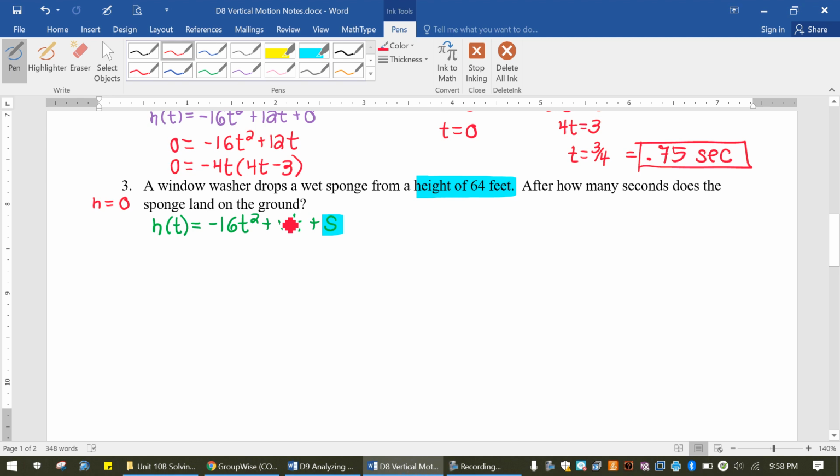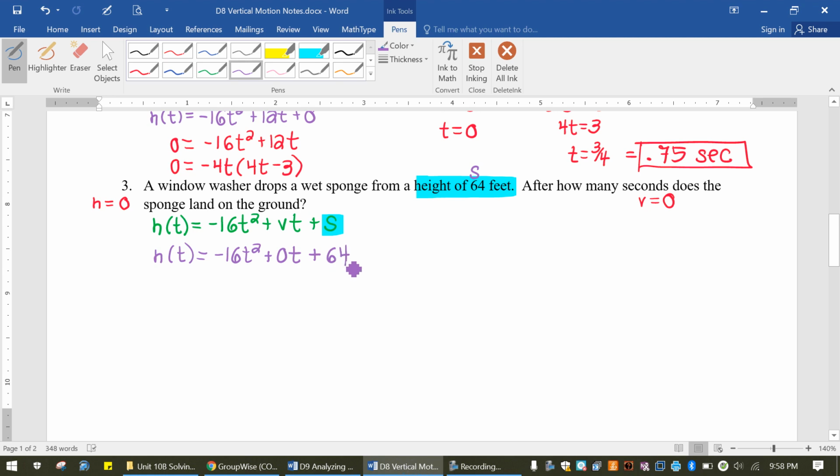There was no force that this was being thrown with. It was just being dropped. And that means that the initial vertical velocity is 0. So my model here will be negative 16t squared plus 0t plus a starting height of 64.